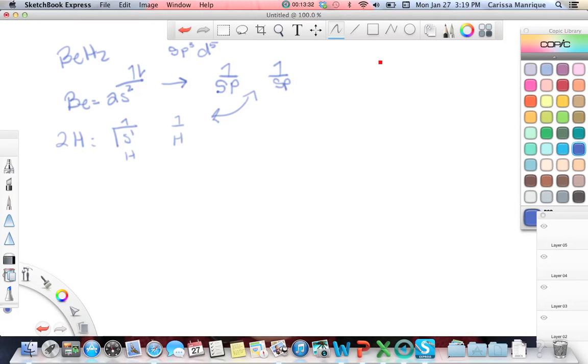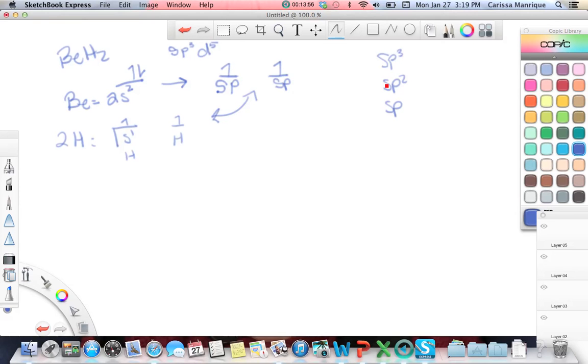Okay, so we've looked at, again, to remember, an sp3, an sp2, and an sp. So again, let's just see what this means, and I'll show you a quick and easy way to derive this. If you have sp3, that means you hybridize 1 s orbital and 3 p's to maximize bonding.